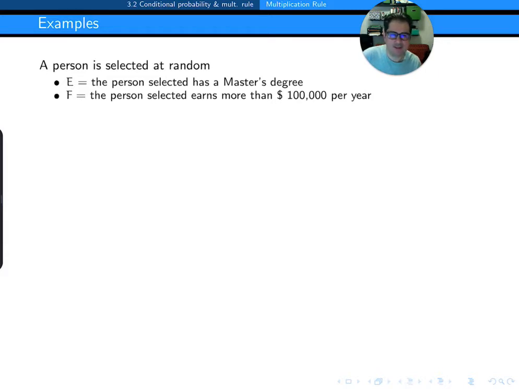We're not saying does it imply, or is it the only way that it would happen. We're just saying, would it change the probability? And the answer is yes. These events are not independent because the probabilities will be changing. Knowing that the person has a master's degree will increase the chance that that person earns $100,000 a year or more.